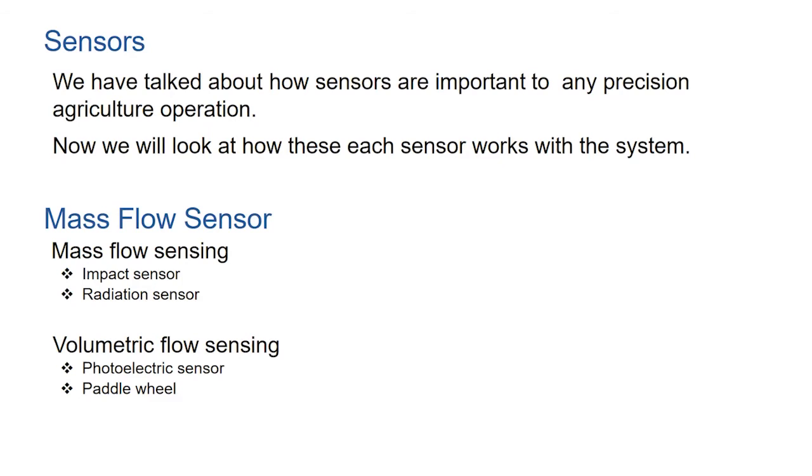And for volumetric flow sensing, we have a photoelectric sensor, which looks at the material moving, detects the reflectance of the material, and based on that calculates how much material is moving.